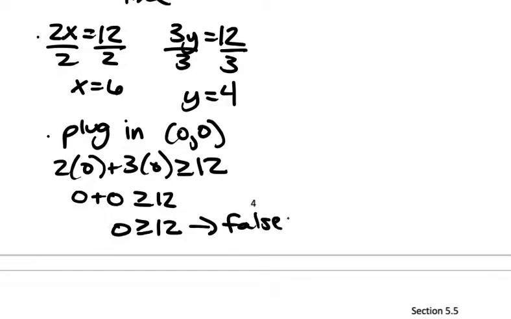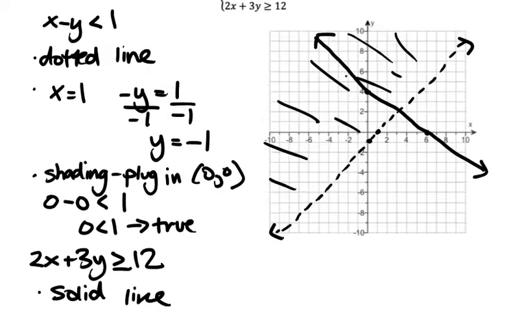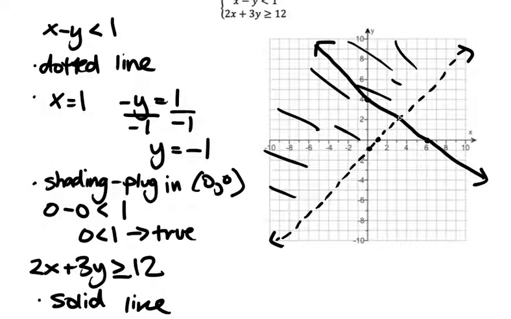So for that line, we shade the other side. So looking at my solid line here, I'm going to shade the side of the line that does not go over the point 0, 0. And so that's going to be above the line or to the right.